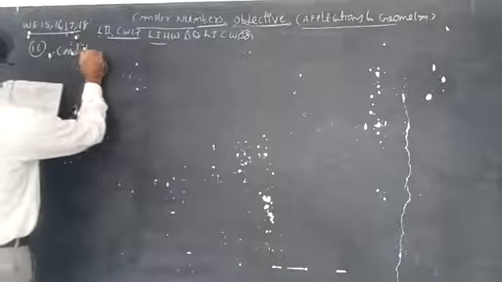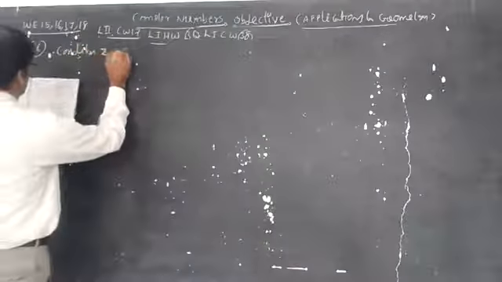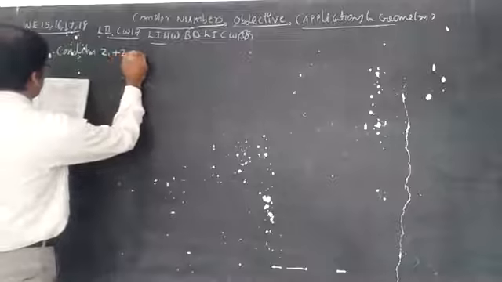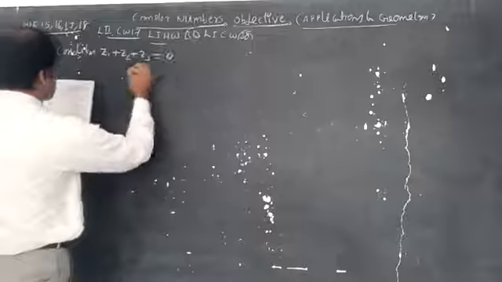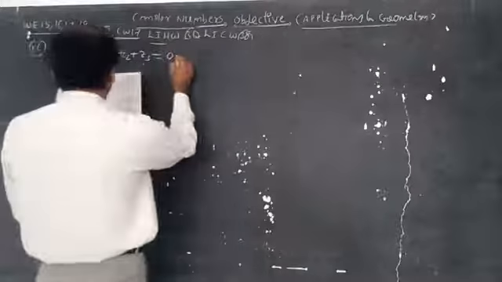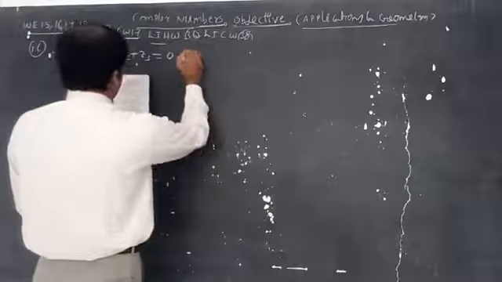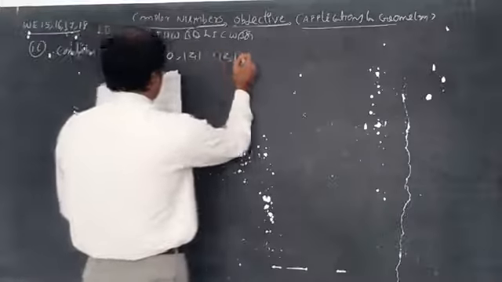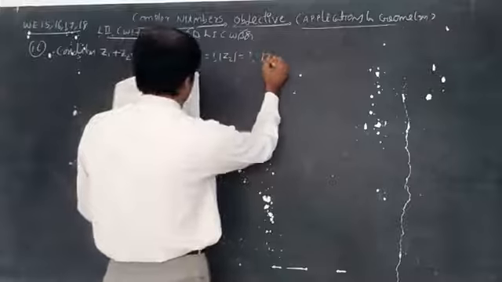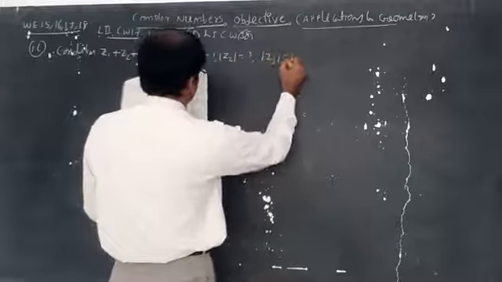The conditions you can write: Z1 plus Z2 plus Z3 equal to 0, modulus of Z1 is equal to 1, modulus of Z2 is also 1, and modulus of Z3 is also 1.